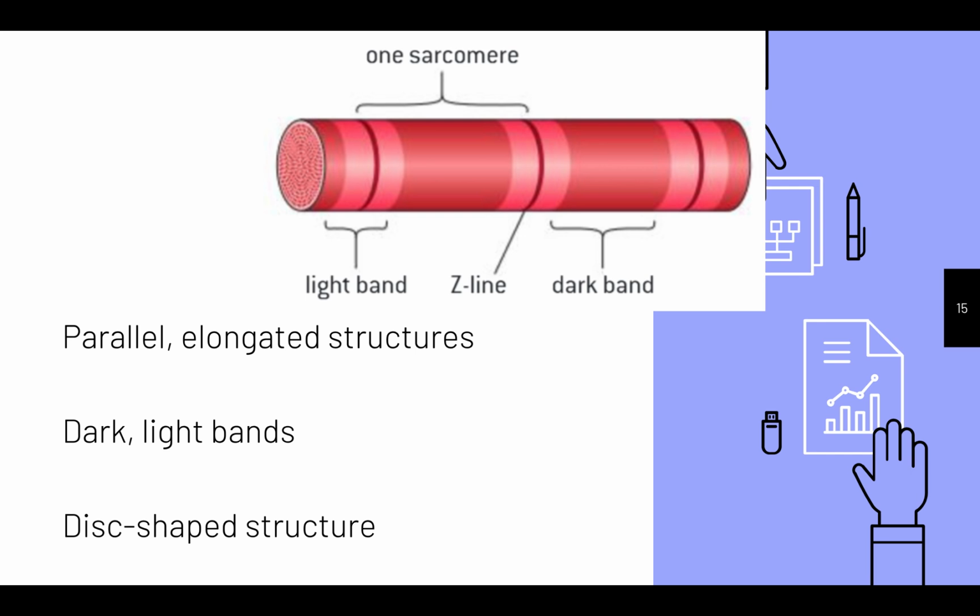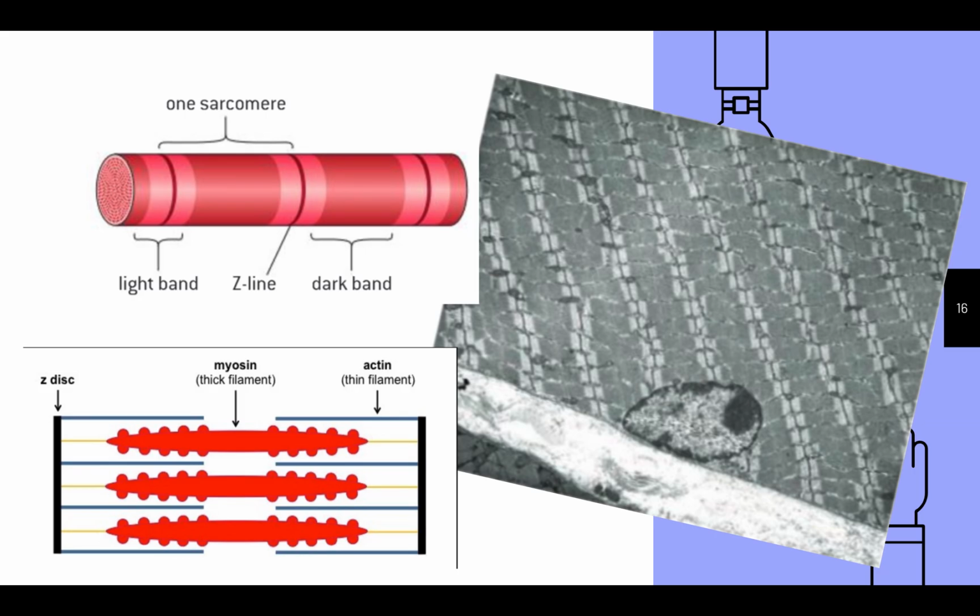Together, you've shortened the whole muscle. I hope I can have a model, like you can collapse so you can see all of the sarcomeres becoming smaller. I hope they have a model we can buy. Okay, but I hope you understand. Now, under the microscope, it looks something like this. So, clear striations. The Z line, very obvious, right?